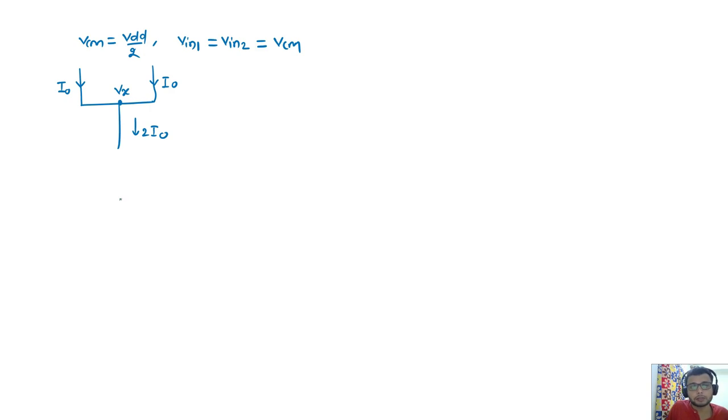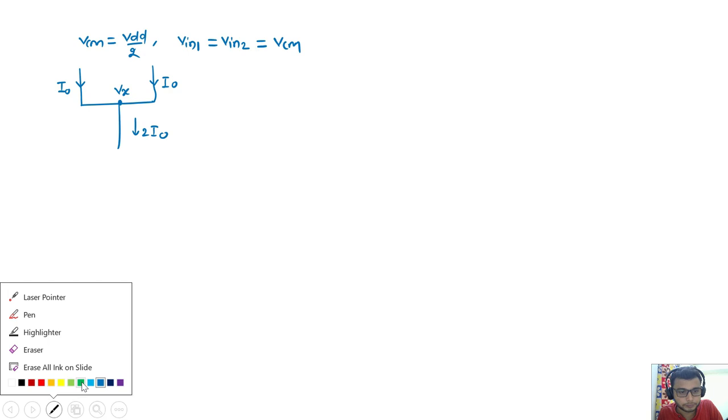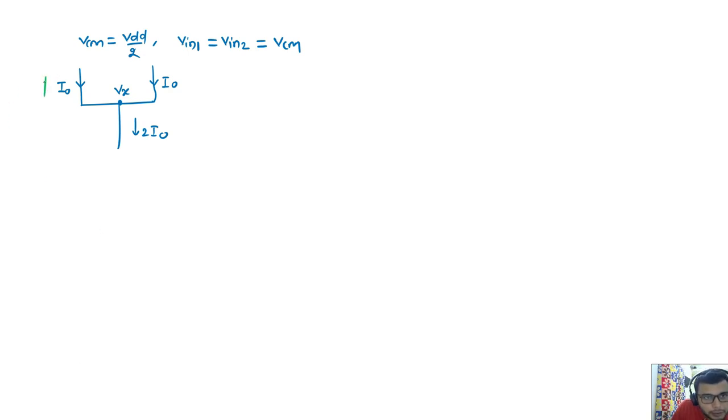If any of the side node voltages increases, this Vx is also increasing, but the increment in Vx is small. Suppose this current is increased by some del I value and this current is reduced by some del I value.